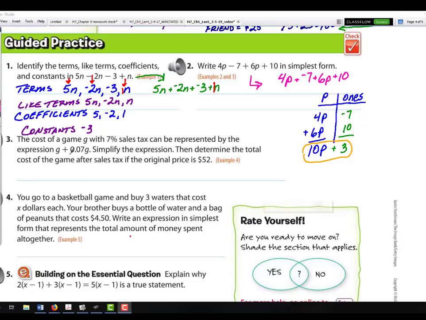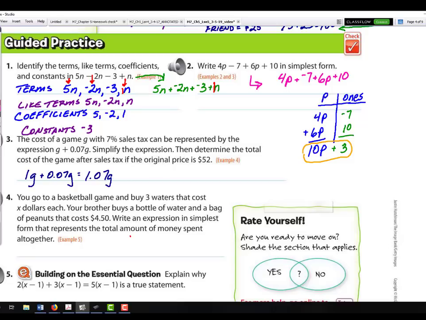For number 3, when I simplify the expression, I will be taking the g and thinking of it as 1g plus the 0.07g, and that's going to give me 1.07g.